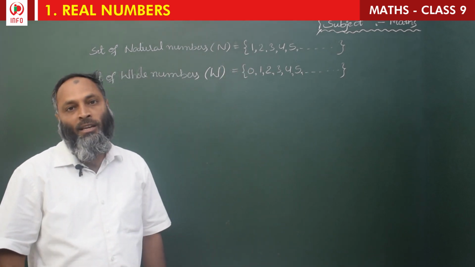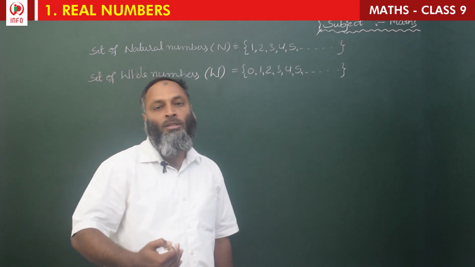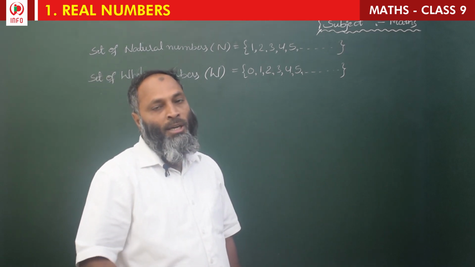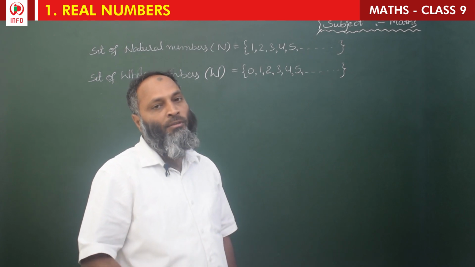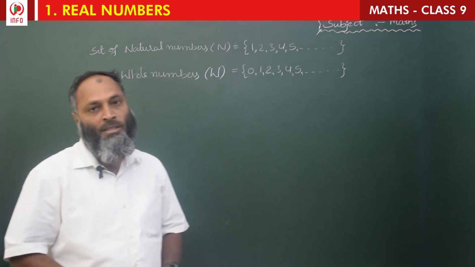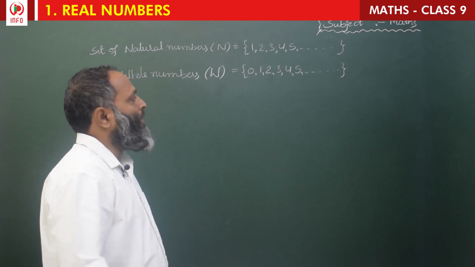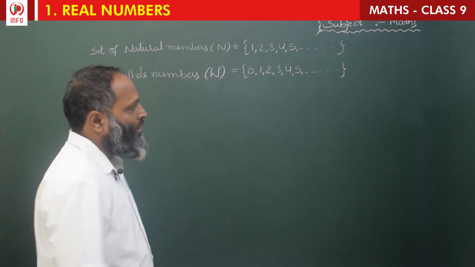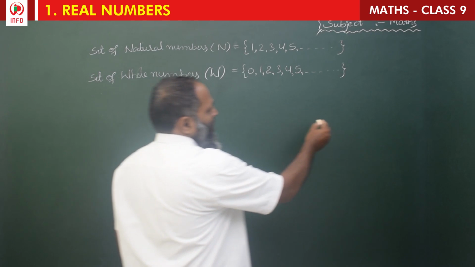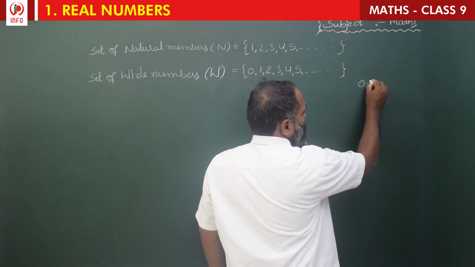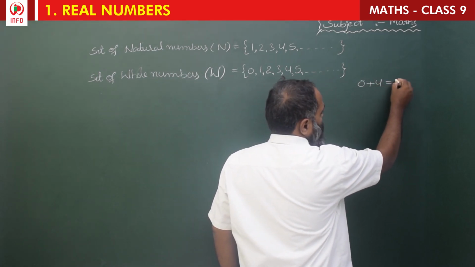Then when 0 is there, how to add, subtract, multiply and divide, these 4 fundamental operations, we did in our previous classes. Once we recapitulate, when 0 is there, how to add. Suppose 0 plus 4. What is 0 plus 4? That is 4.